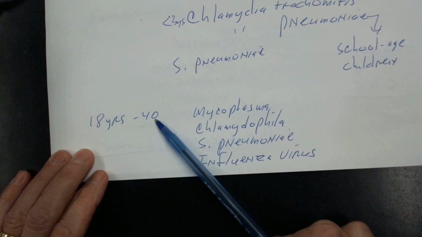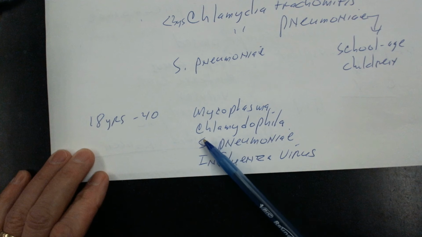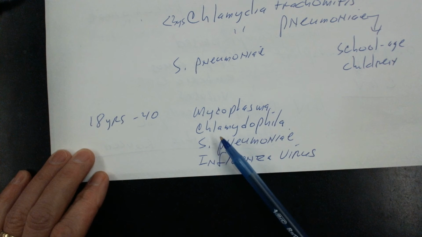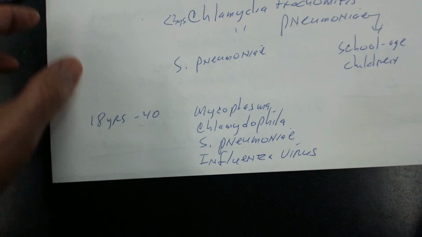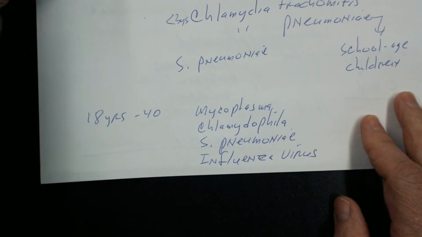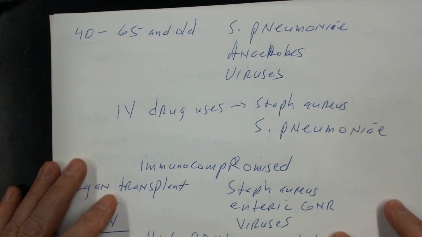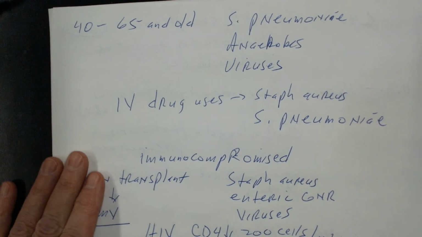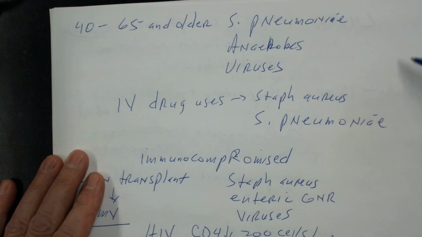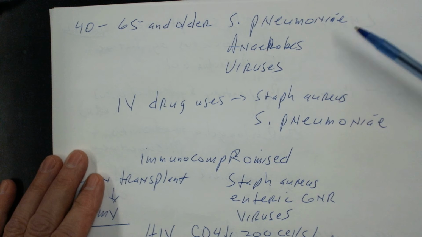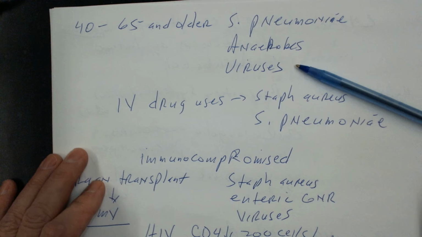For 18 to 40 years, most common causes of pneumonia are Mycoplasma, Chlamydophila, usually psittaci, Streptococcus pneumoniae, and then influenza as well. For patients 40 to 65 years and older, it's Streptococcus pneumoniae, sometimes anaerobes, and then also viruses.